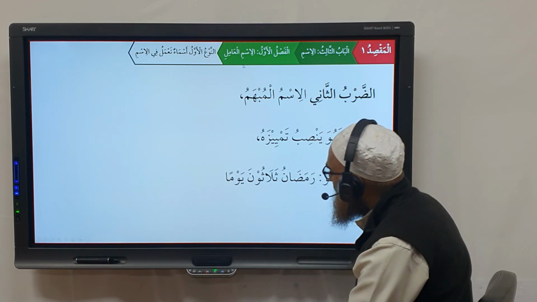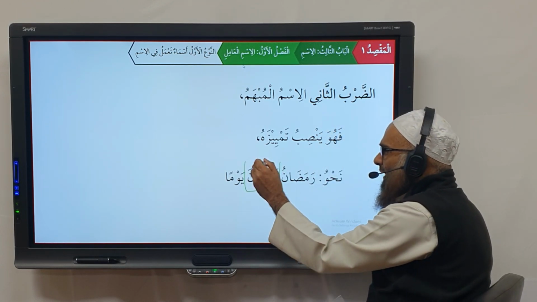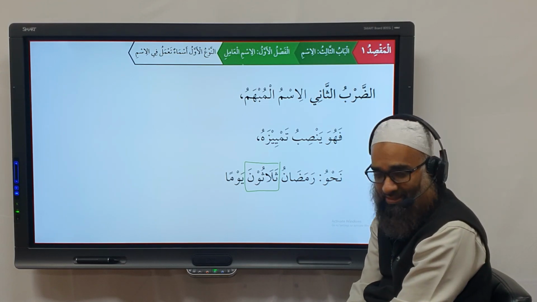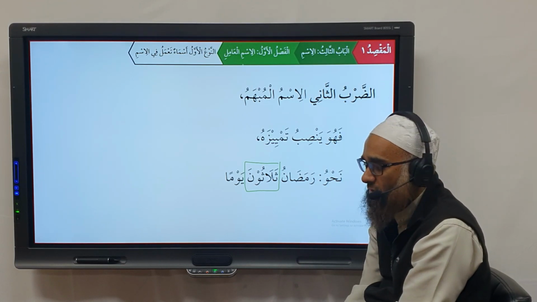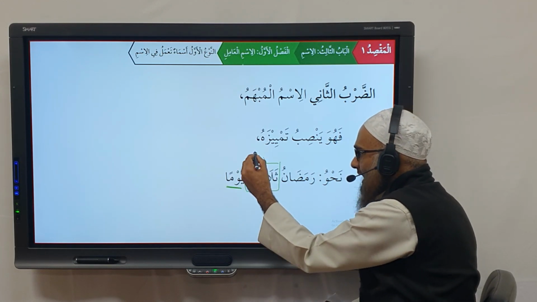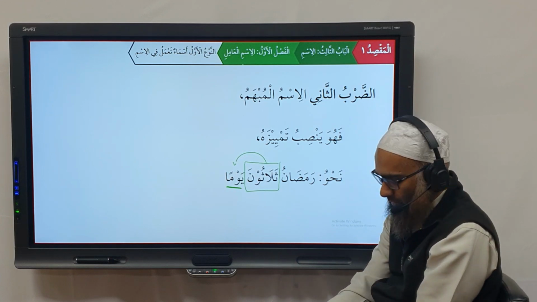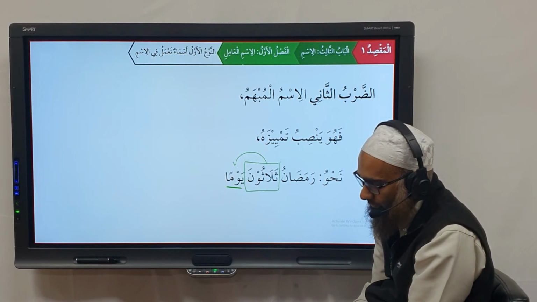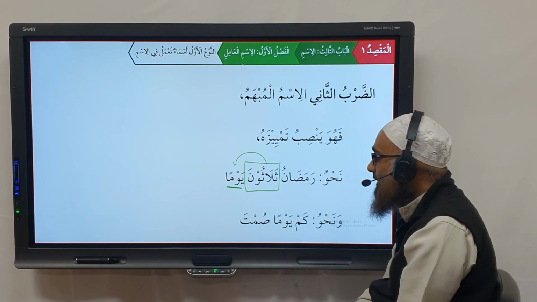Ramadan is 30 days. So ثلاثون is the ism mubham. Why? Because when it says ثلاثون, is it 30 ساعة, 30 سنة, 30 يوما, 30 شهرا? What is it? 30 how many? So you need a clarification. So this is the amil and this governs this. Is that clear? Okay. Another example, kam yawman sumta.